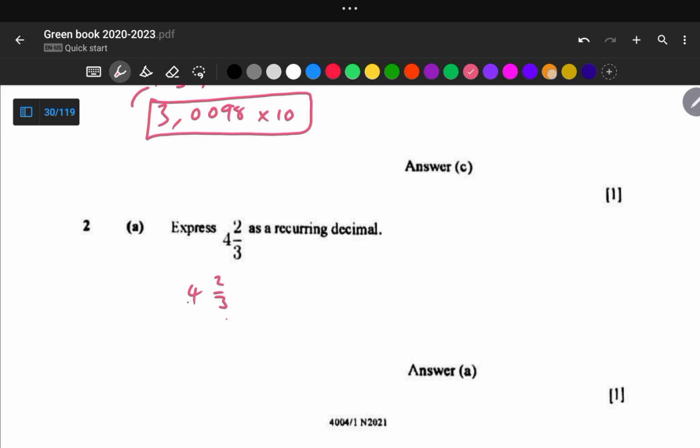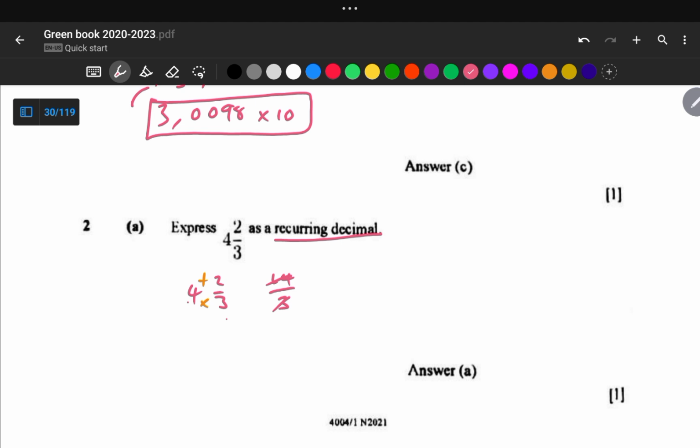So 4 times 3 gives us 12, plus 2, it is 14 divided by 3. So here is our improper fraction, but we are required to give our answer as a recurring decimal. So let us try to divide 14 by 3, that is, 3 into 14.